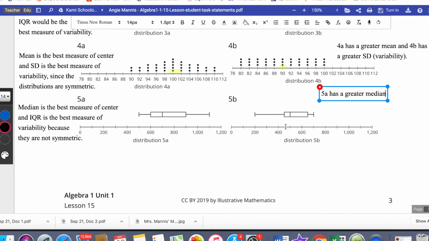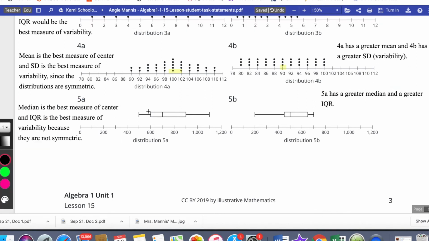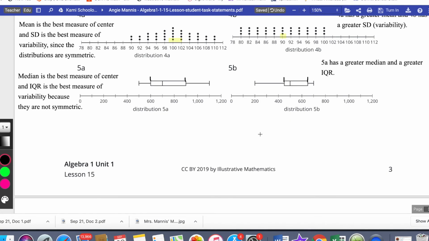So 5A has a greater median and a greater IQR. Because we calculated those IQRs as Q3 minus Q1, we did 900 minus 600, we got 300, and then we did 650 minus 450, and we got 200. So we could tell that 5A had a greater IQR.